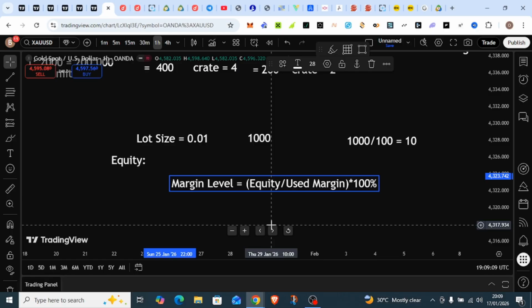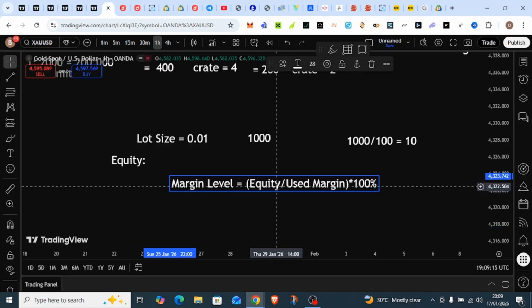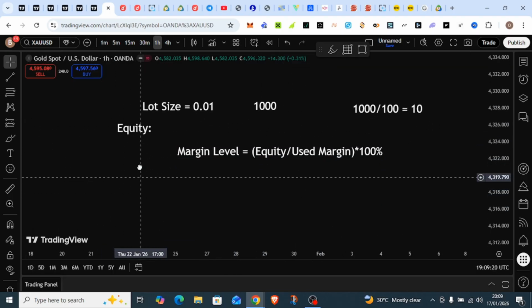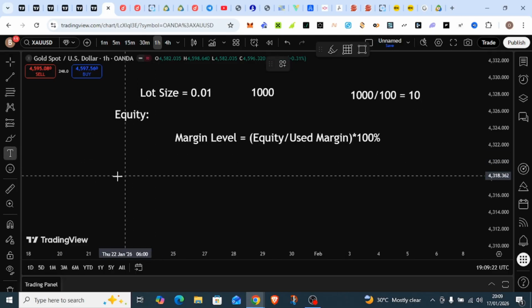We have another term we call margin call. Let's write it too. Margin call.